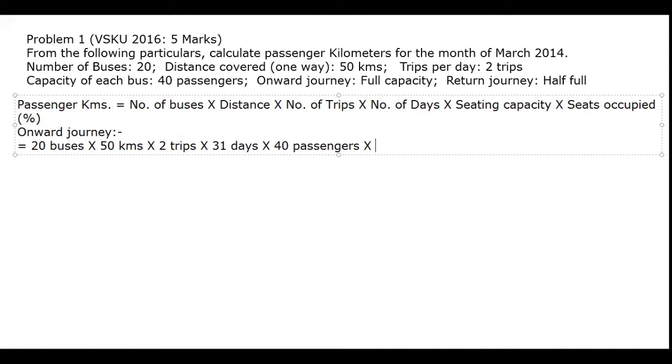The seats were full, that is 100%. Now, when we multiply all these together, it comes to 24 lakh 80,000 passenger kilometers. So this is regarding onward journey.